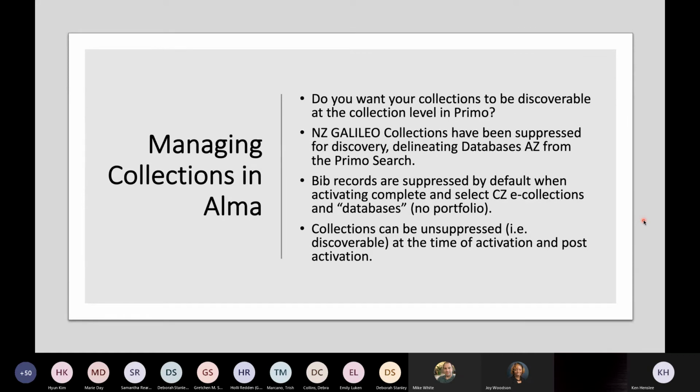So the first question, when you activate a new collection in Alma, is whether you want the collection to be discoverable in Primo. And what I mean by that is the actual collection level, not so much the title. So if you've activated a collection, let's just say Research Library by ProQuest, the title Nature resides in that collection.